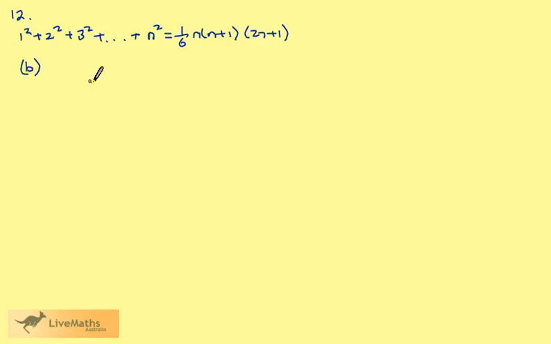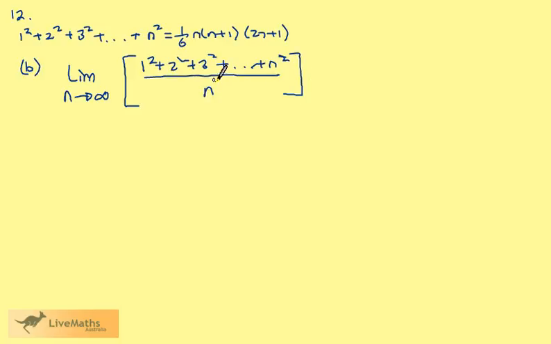In part B, we're asked to find the limit as n tends to infinity of 1 squared plus 2 squared plus 3 squared all the way up to n squared, all over n cubed.